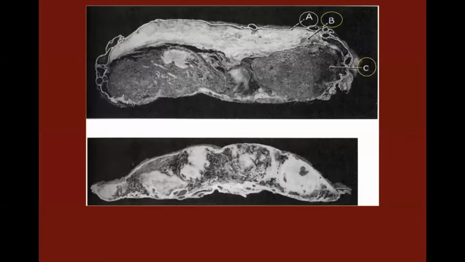Here in picture A, you can see a placental infarction. Picture B shows fibrin deposit, and picture C is a normal placenta.